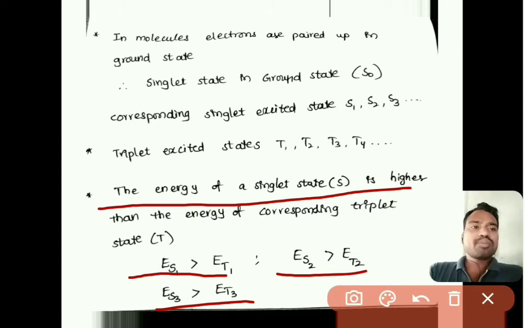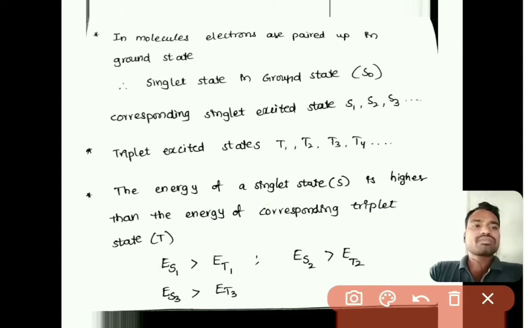Because in the triplet state, as the electrons are unpaired and have the same spin, there is a repulsion between those two electrons. So the energy would be less when compared with the corresponding singlet state.